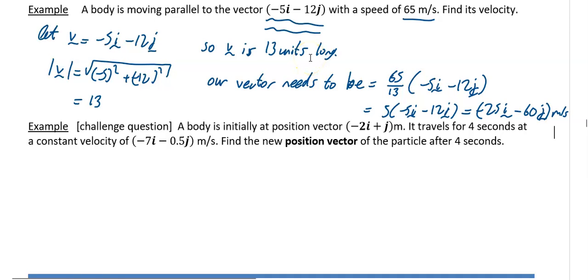To make it 65 units, you need to divide by 13, which is the same as multiplying by 1 over 13. That gets it down to size 1, and then multiply by 65 to get up to 65. And you could do this in your calculator if you don't like this bit I've done: 65 over 13 times minus 5 would give you minus 25i, 65 over 13 times minus 12j would give you minus 60j, and remember, meters per second.